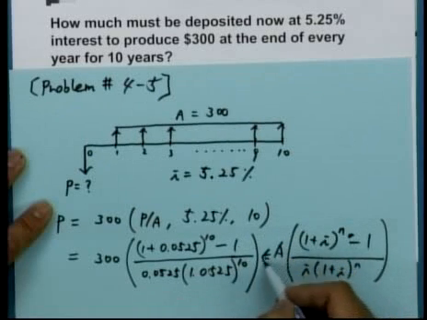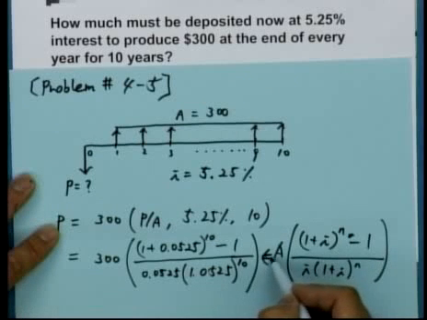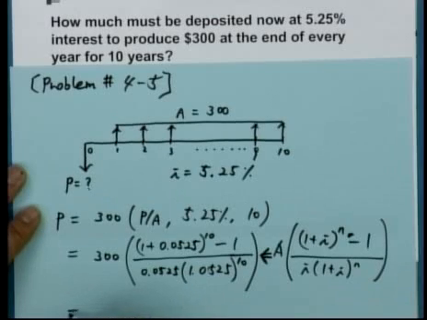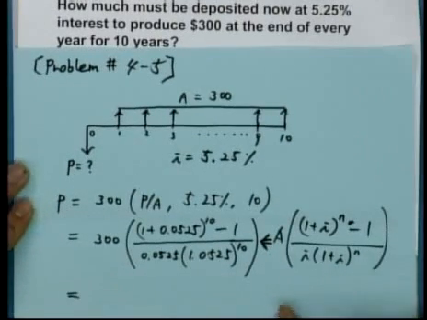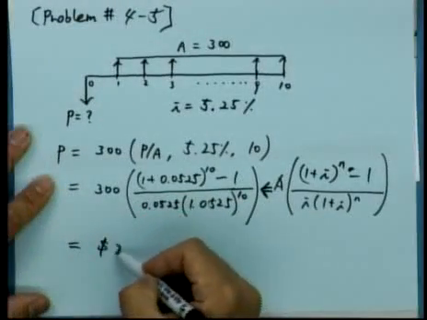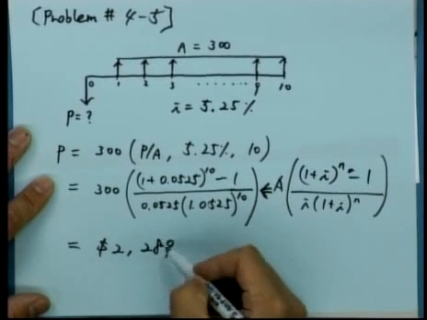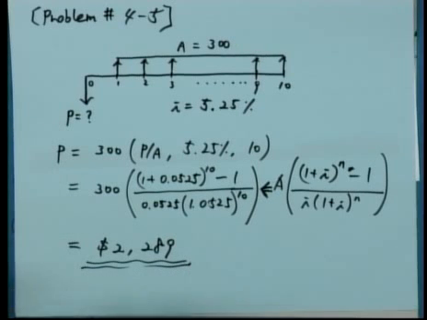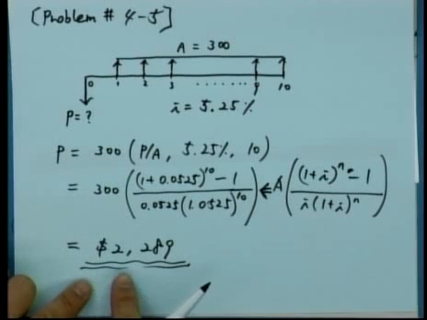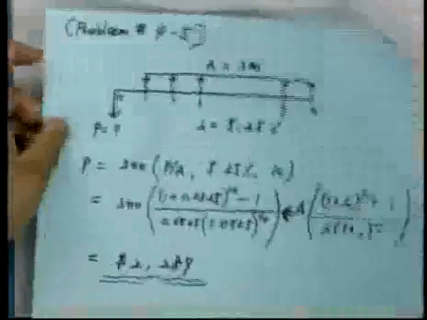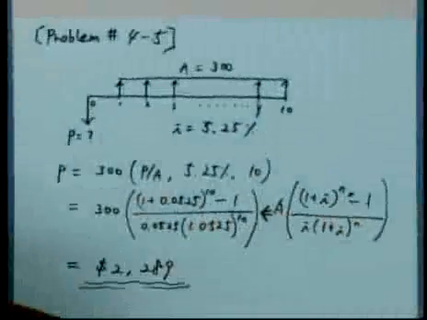Okay? And from my previous calculation, it's going to be $2,289. So this is the deposited amount right now to produce $300 at the end of every year for the next 10 years.